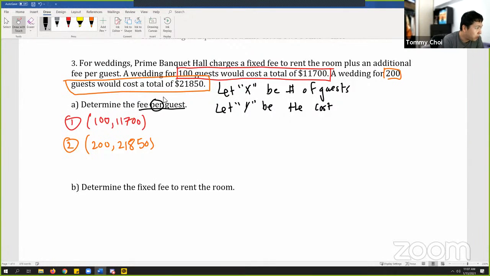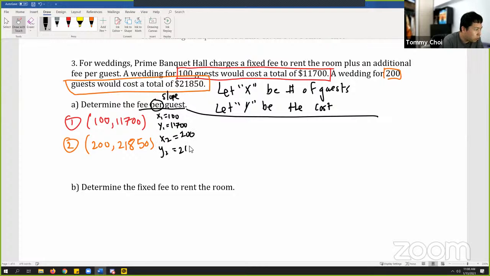The word per tells us to find slope. The question is asking us, what is the slope for this problem? So finding the slope, we can say x1 is 100, y1 is 11700, x2 is 200, and y2 is 21,850. We plug that into the slope formula.